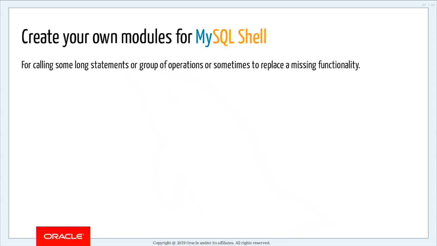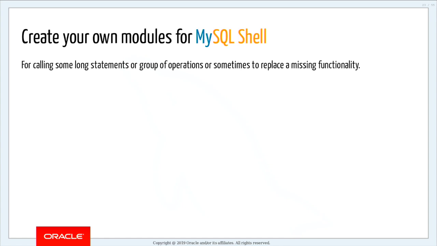So this was the first step, how to extend the shell. But there is a second step: to create your own modules. You could create a report, which is just a query and then the result of the query. But you can create even more than only queries by creating your own modules. Like for the report, you can make long statements that you don't want to repeat or you don't remember the syntax.